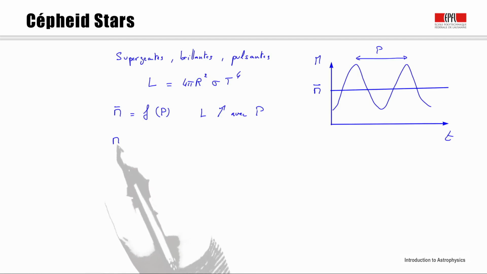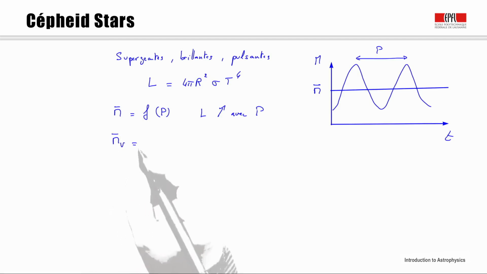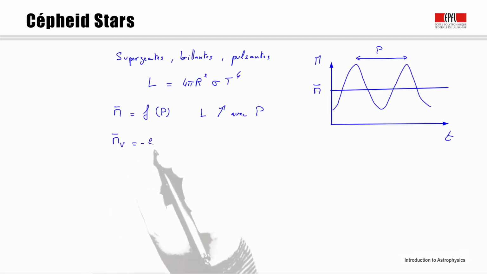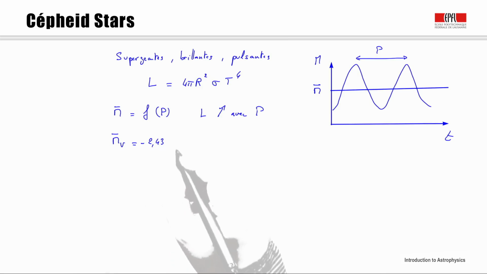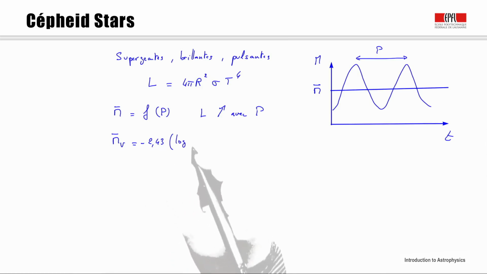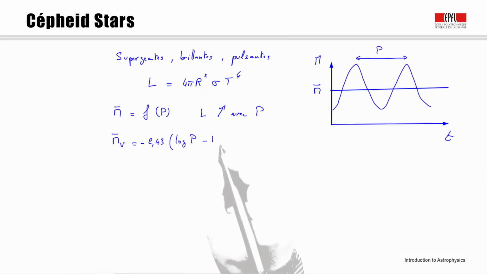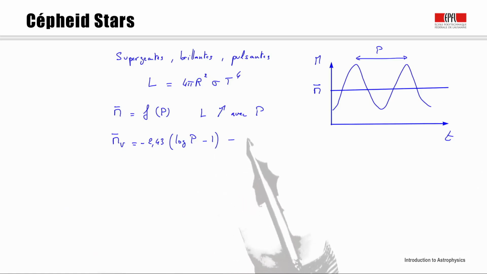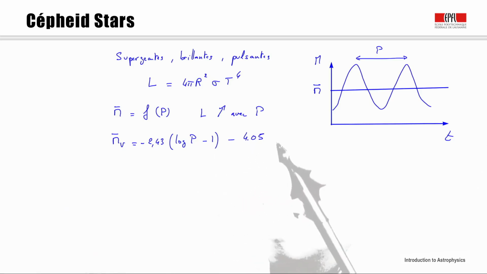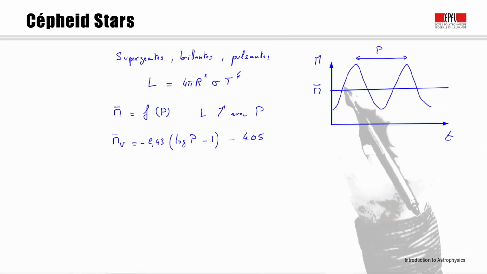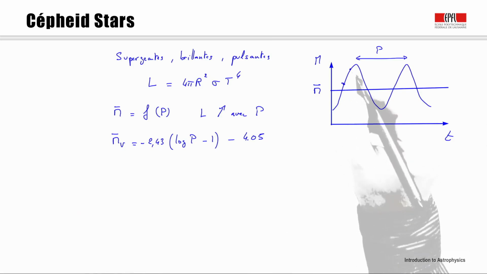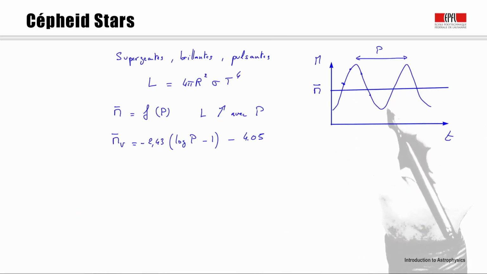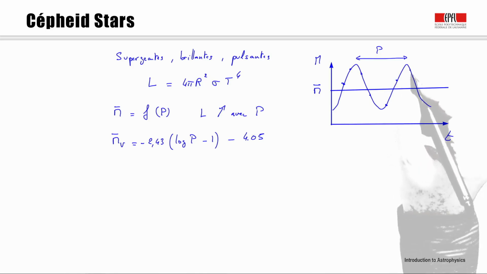And the exact relation is M average in the V band is equal to minus 2.43 times the decimal logarithm of the period minus 1, minus 4.05. This means that if we measure, for example, observational points on a curve like this, I take a galaxy in which there is a Cepheid star.